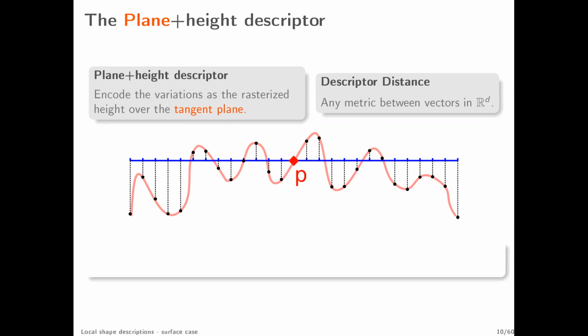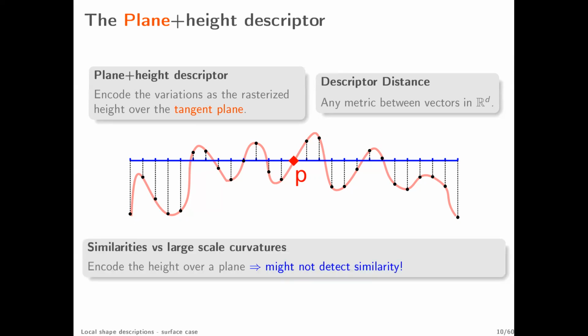Each bin has a height value, so it gives you a vector. And to compare the descriptors, you can use any metric you like between vectors in R^D, D being the dimension of the image. So if you take a descriptor of size 4 by 4, you would need a metric between vectors in R^16.